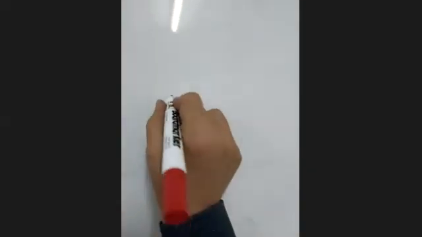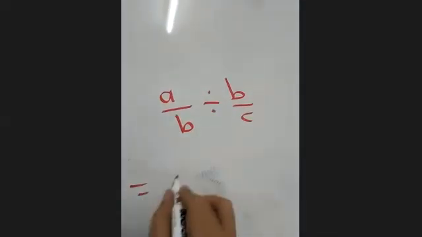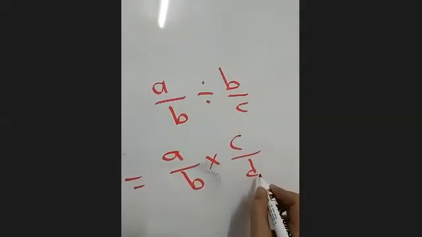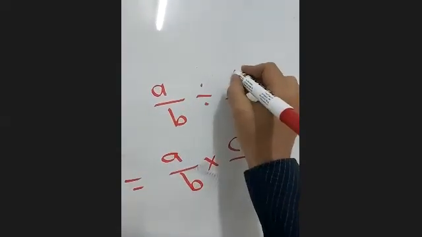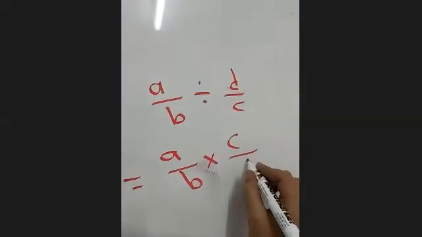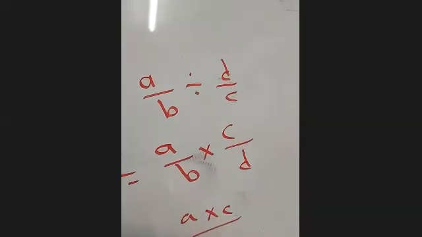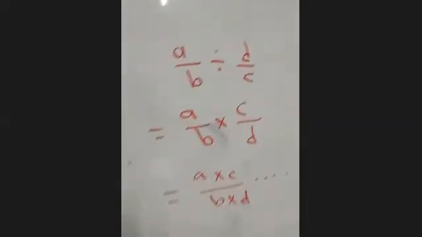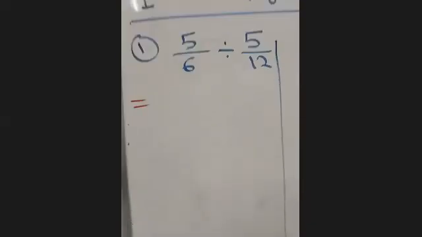We said if we have A over B divided by C over D, this is equal to A over B multiplied by D over C. Then we multiply normally: A multiplied by D over B multiplied by C. Then we simplify our answers as needed.